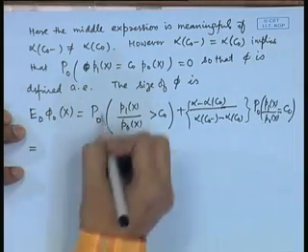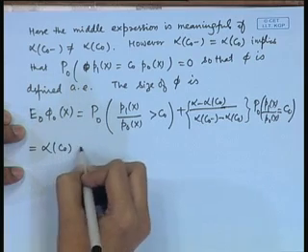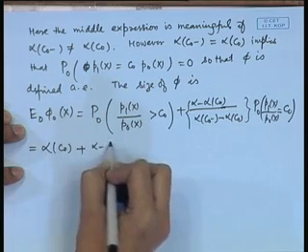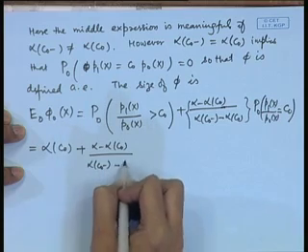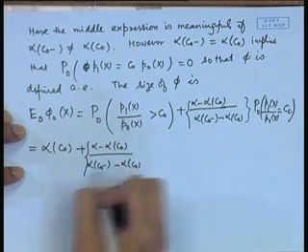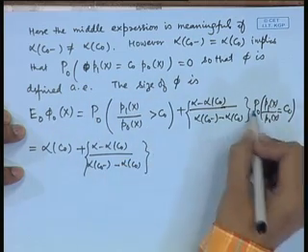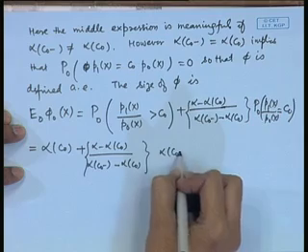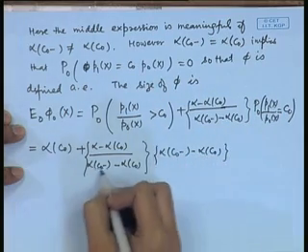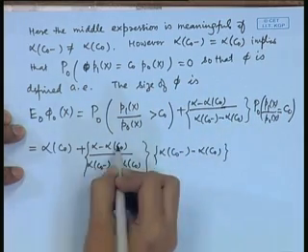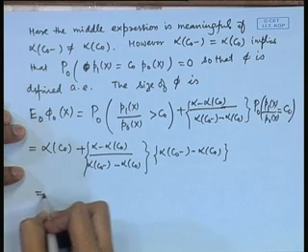So, by the definition here, this is alpha C0 plus alpha minus alpha C0 divided by alpha C0 minus alpha C0, and this value is again alpha C0 minus alpha C0. So, this term cancels with this and this cancels with this. So, this actually reduces to alpha.